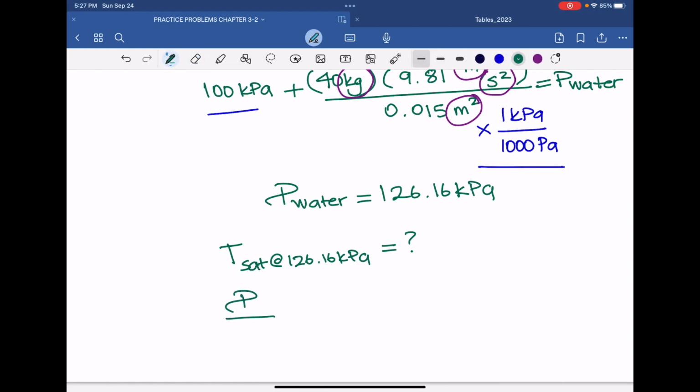The values we read from the tables: 125 kilopascal corresponds to a saturation temperature of 105.97, and when the pressure is 150, the saturation temperature is 111.35.